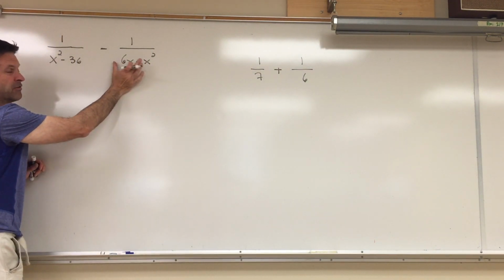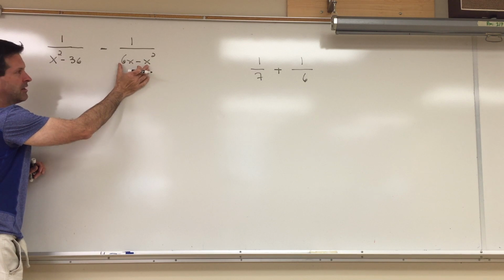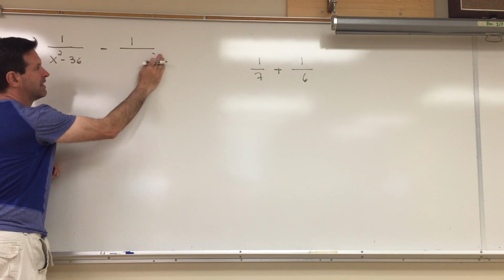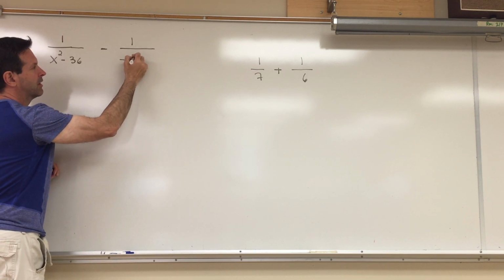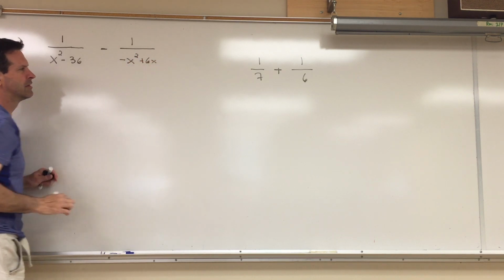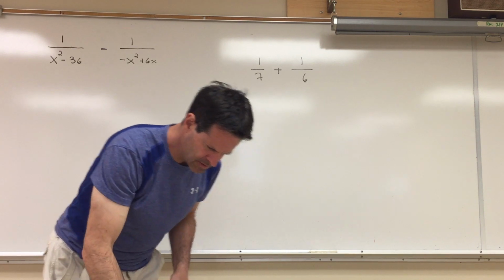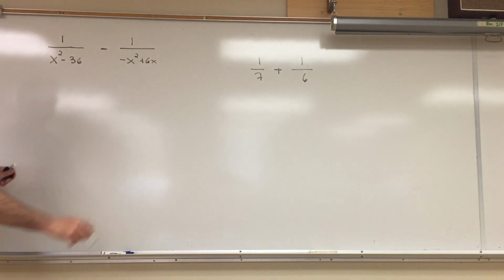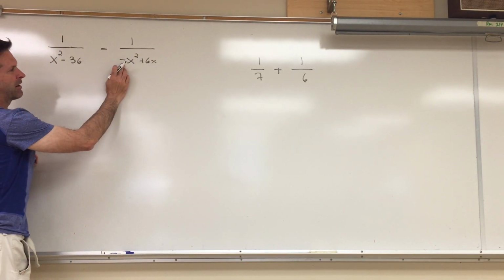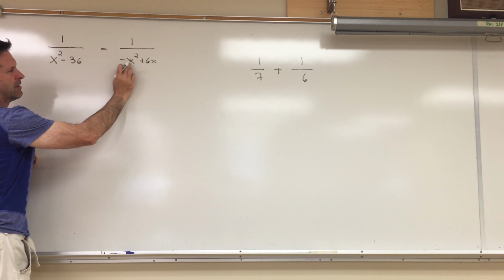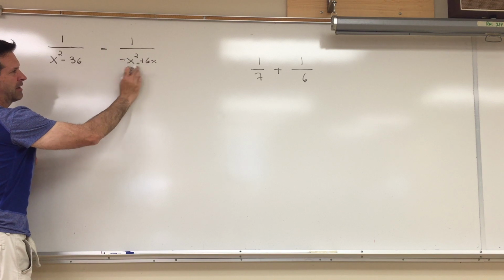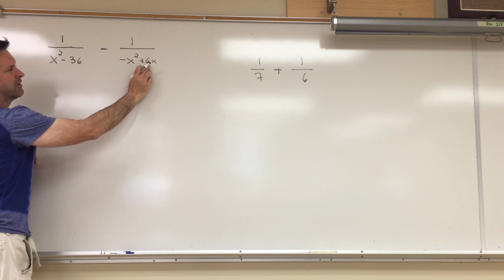We can rearrange these terms so it looks like something we've seen in the past. So we have negative x squared plus 6x. Now, we can take out a factor of negative 1 here. If I take a negative 1 out of negative x squared, I get x squared. If I take a negative 1 out of 6x, I end up with negative 6x.